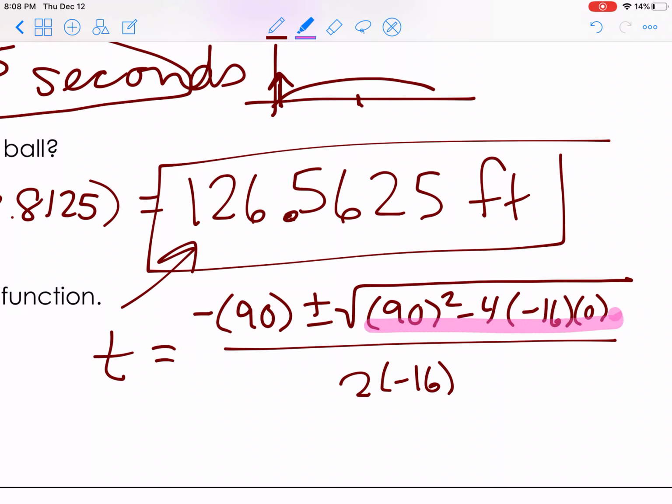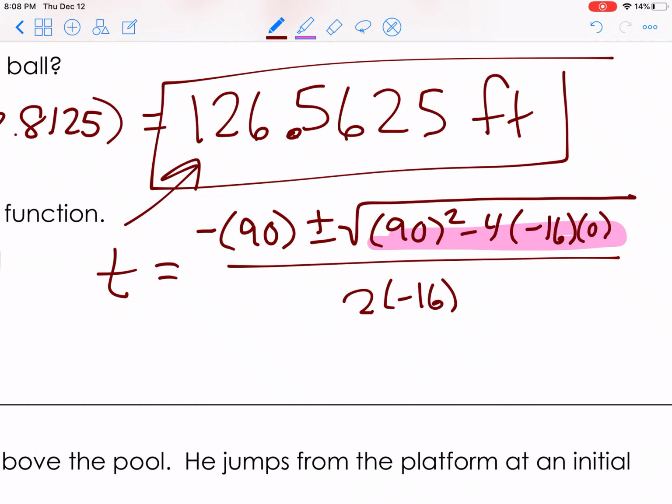So I'm plugging this stuff into my calculator without the radical symbol, just that stuff. And it gives us 8100. So if I simplify just a little bit, I get that t equals negative 90 plus or minus the square root of 8100 all over negative 32.